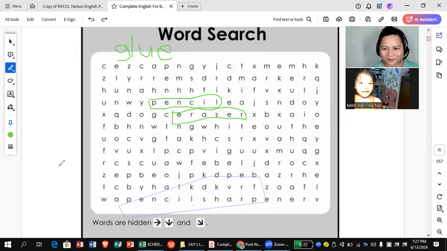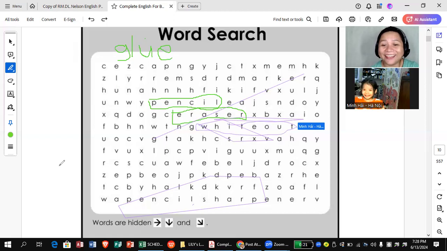Oh, wait a minute. There's the letter G. You can touch the letter G, but where is the word glue? What's that? I think you are trying to encircle the word white out.